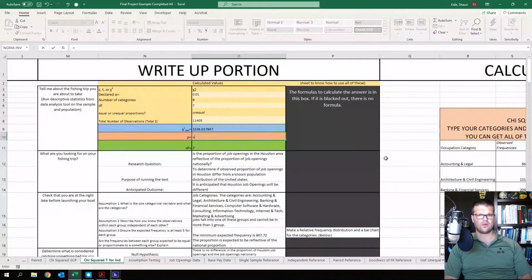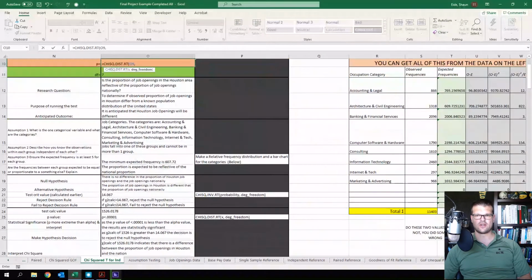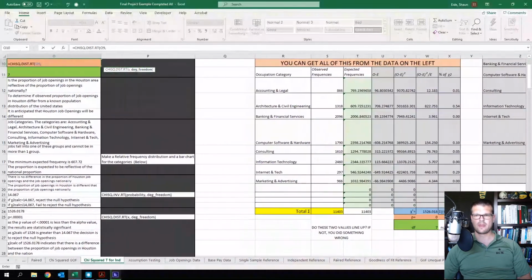Once again, we can do equals chi-squared distribution right tail, and then we put the chi-squared in first, and now our degrees of freedom is going to be 7. So we've got 7 degrees of freedom.